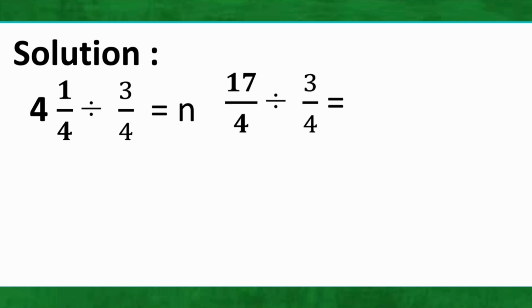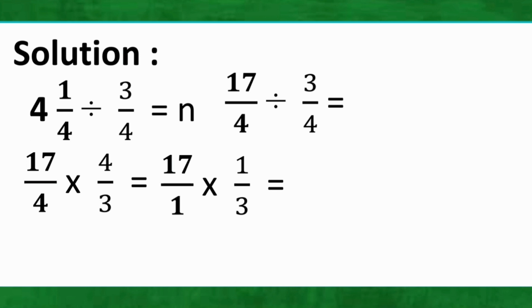So for our solution, first, divide 4 and 1/4 by 3/4. Change 4 and 1/4 into an improper fraction. So it will become 17 over 4 divided by 3/4. Then keep the first fraction, change division to multiplication, and get the reciprocal of 3/4.